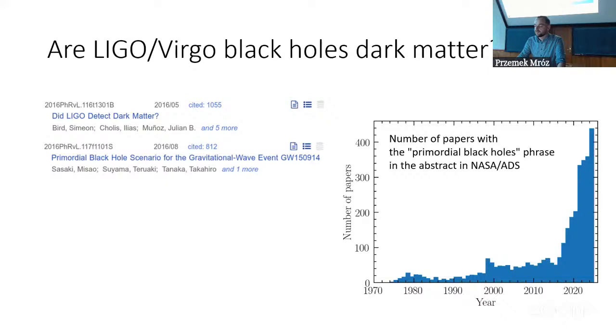And if you look at the papers in the ADS with the primordial black hole phrase in the abstract, the number of papers is growing exponentially. And actually now we have like one paper a day about the topic. So this only shows you that some people take it seriously, and so we should try to check if that's true.